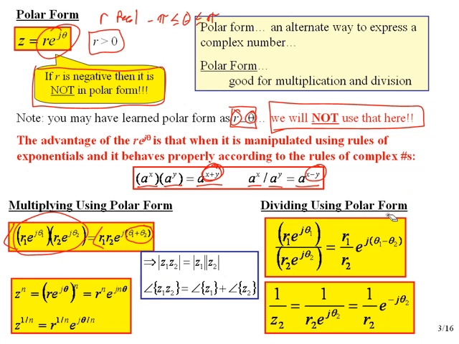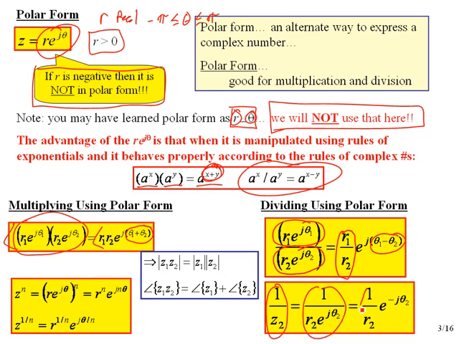Division using polar form, again, just follows from this result up here. So we have one complex number divided by another complex number. We take the ratio of their two magnitudes, and we take the difference of their two angles. And likewise, if we take 1 over z2, 1 over a complex number, we can form it.